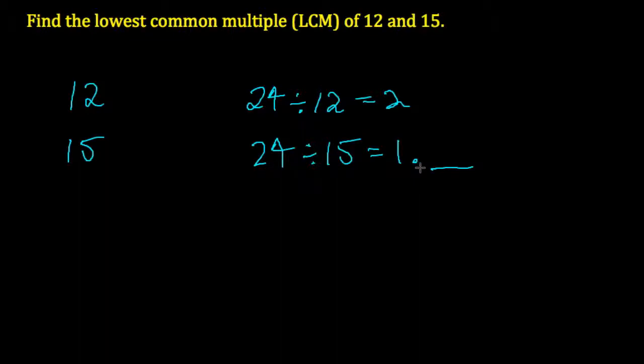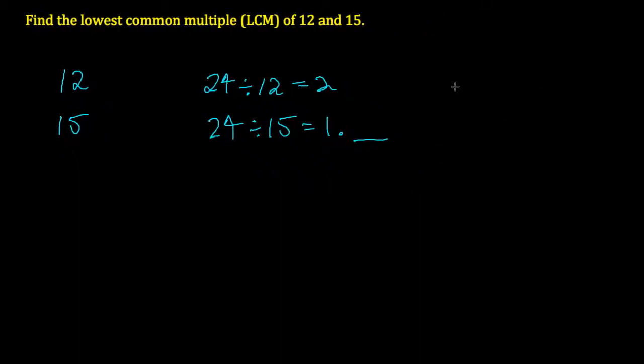So we could look at possibly 30, because 30 divided by 15 is 2. However, 30 divided by 12 is not a whole number. It does not go in a whole number of times. In fact, it's 2.5. So once again, that's not our lowest common multiple.